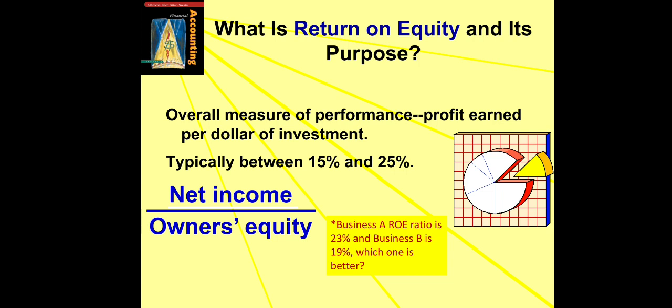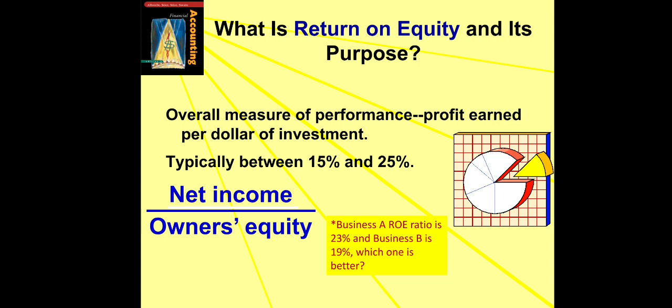So if you are an investor, you want to see the return on equity ratio, because you will know for every dollar that you invested in a business, or will invest in a business, how much is the return.